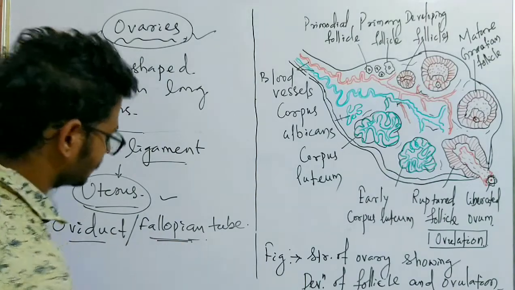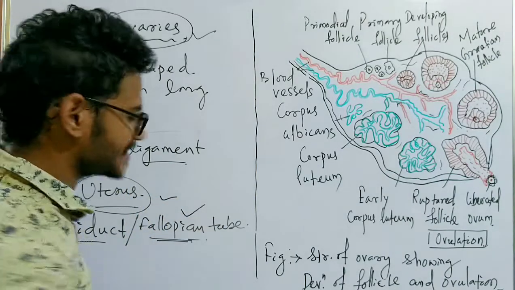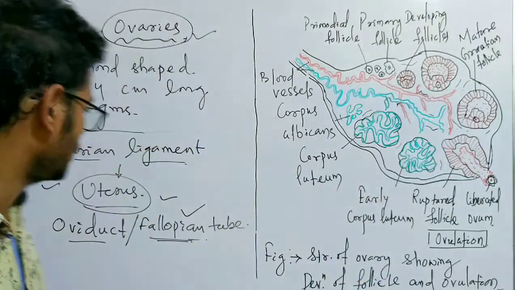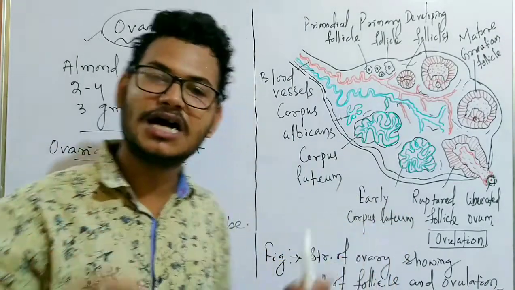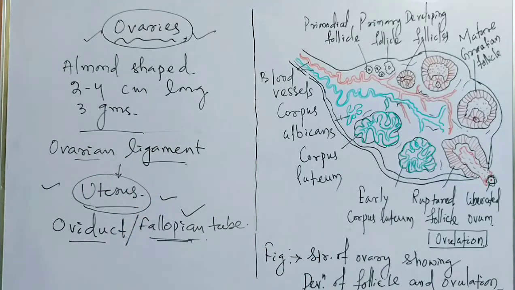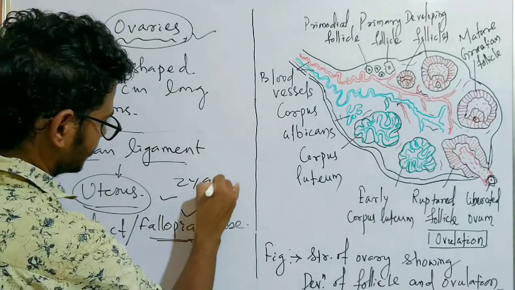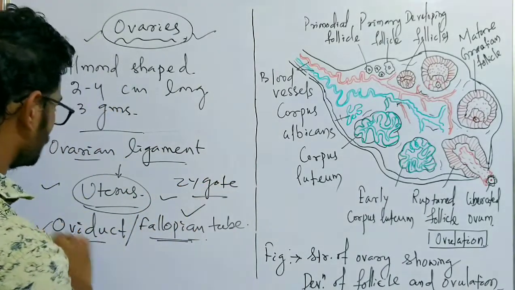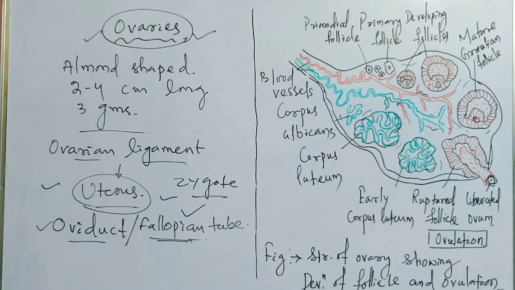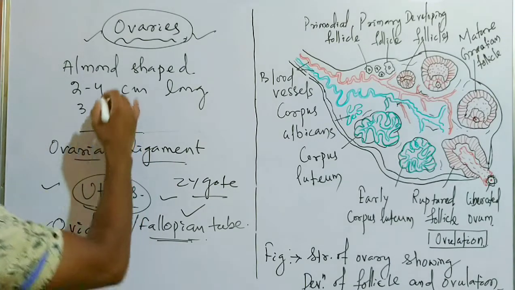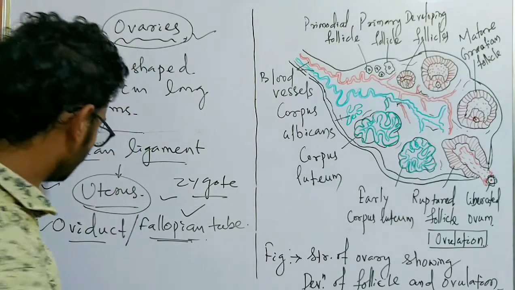It is also the site of fertilization, where the mature ovum meets the sperm and fuses with it, forming the zygote. So this is a very important structure. The oviduct, or fallopian tube, is the structure to which the ovaries are also attached.